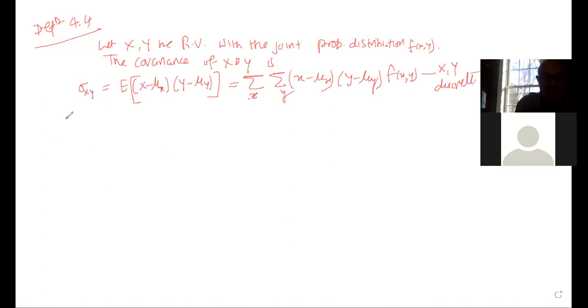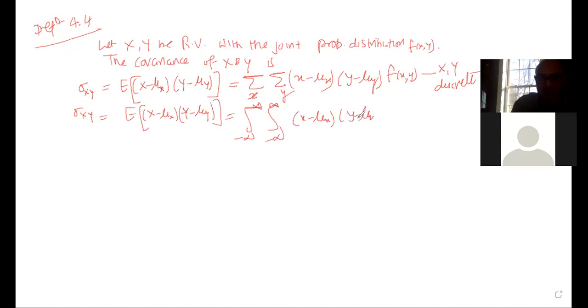And in the same way, suppose I have sigma xy equal to E of (x minus nu x)(y minus nu y), that is equal to the double integral from negative infinity to infinity of (x minus nu of x)(y minus nu of y) f of x, y, dx dy, with respect to x and with respect to y.